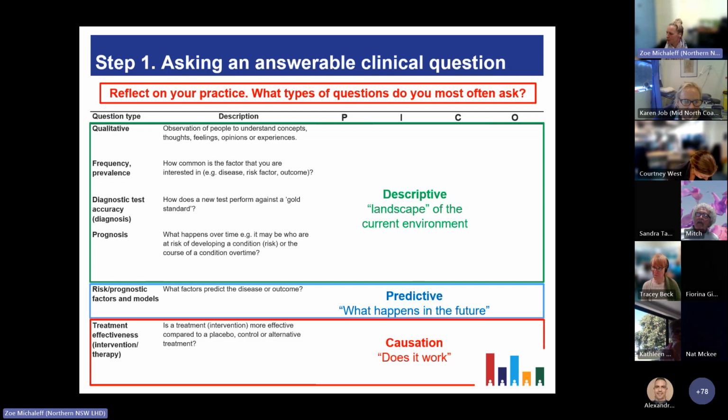Everyone finding the chat? So it's either in chat or it might pop up at the top of the screen or the bottom of the screen.